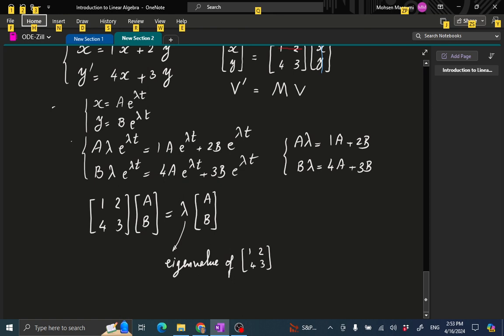And also this pair of numbers a, b that magically solved the problem for us has a name. This is called an eigenvector of the same matrix.